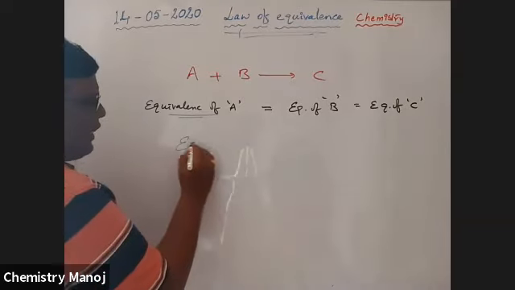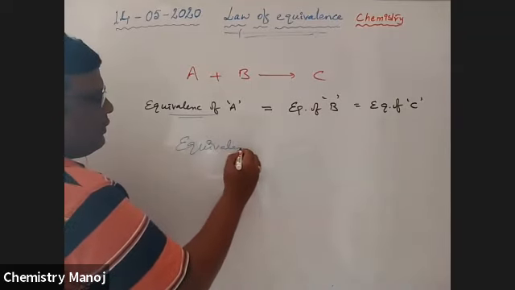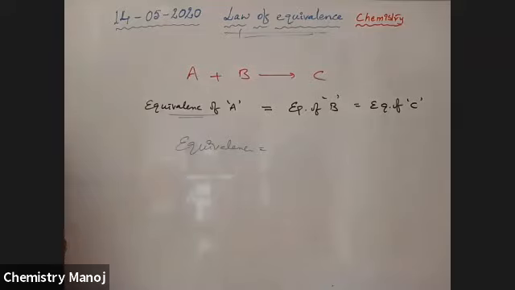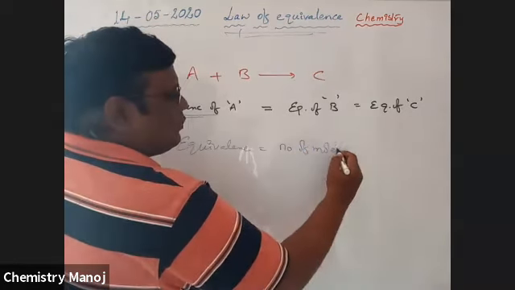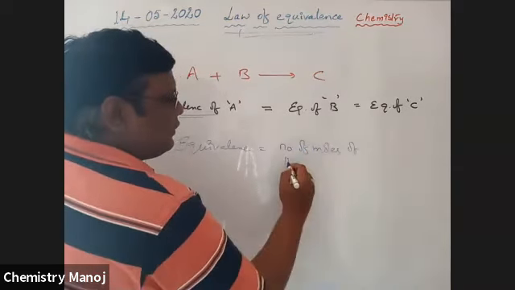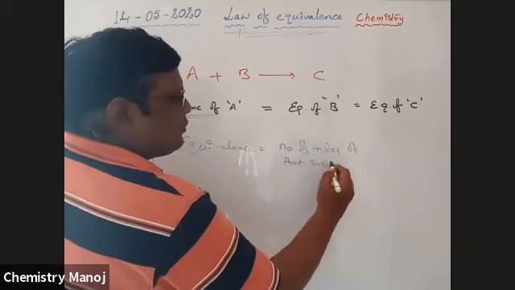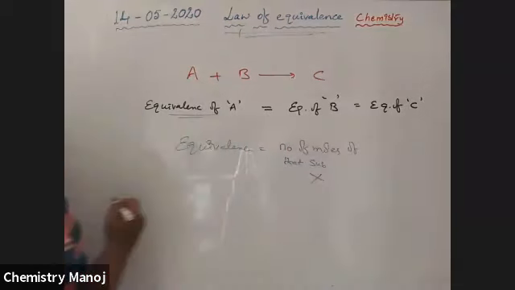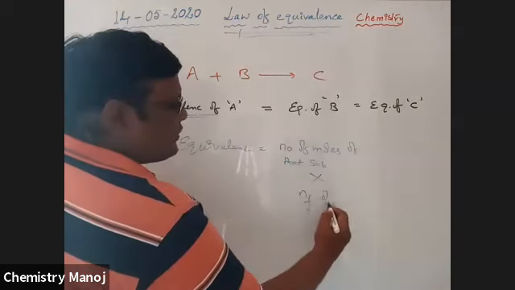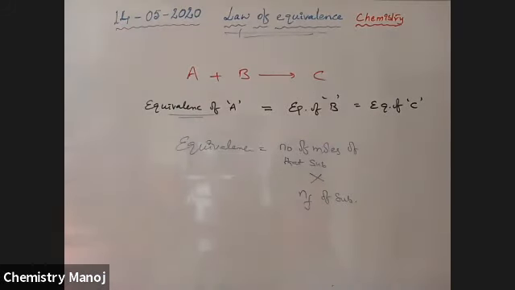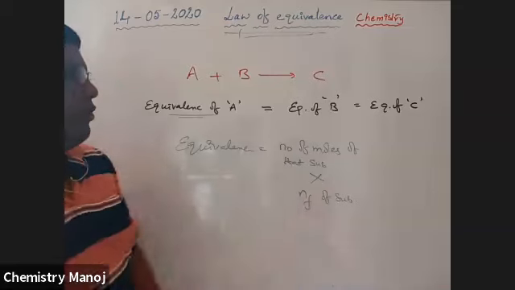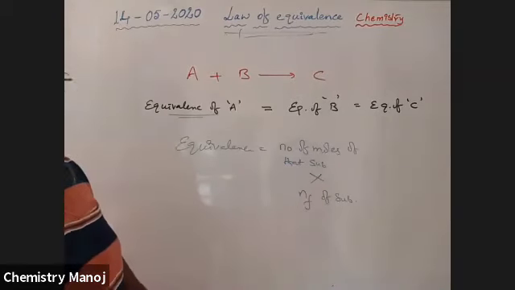Equivalence is equal to number of moles of that substance into n factor of substance. Equivalence is equal to number of moles of that substance into n factor of substance.